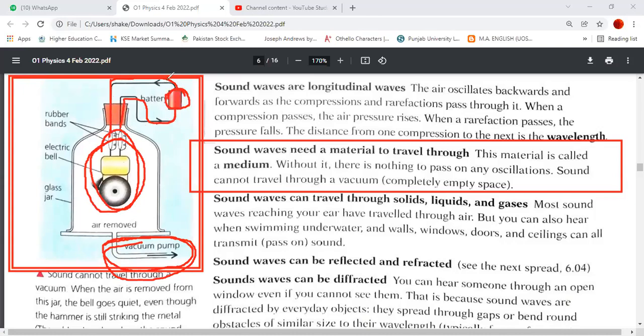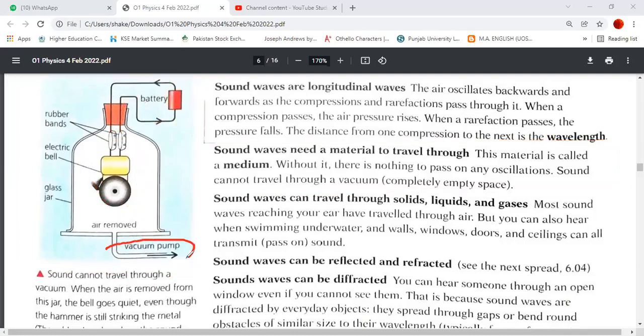After a few moments, you reduce the amount of air. How? When you switch on the vacuum pump, it sucks the air from the system and throws it outside into the environment, so the pressure inside the glass jar reduces.